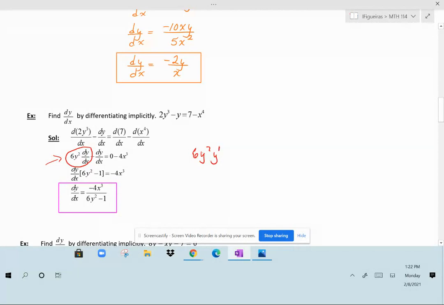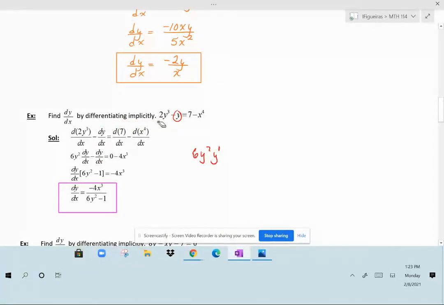So think of it as like chain rule, where the cube is your outer function, so you multiply by 3 and subtract 1, but then the y is your inner function, and the derivative of y is dy/dx, or y prime. And then the derivative of just y, well, that's just dy/dx, so that's your second term.